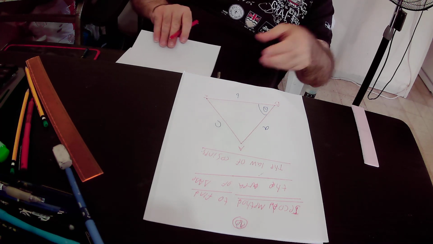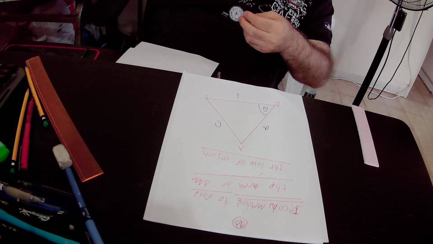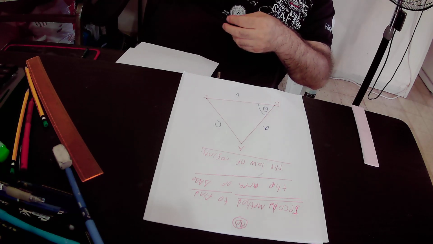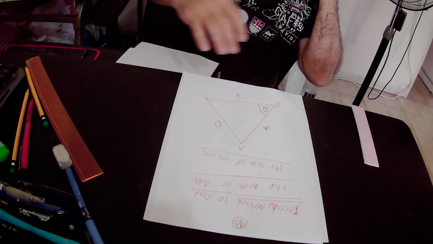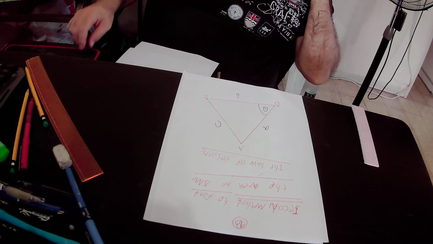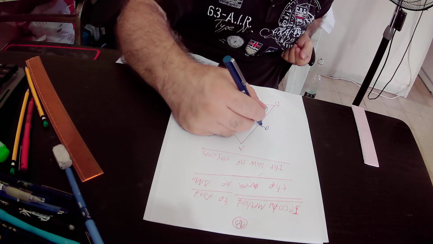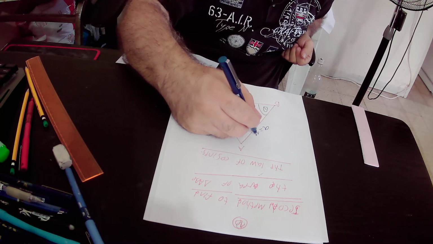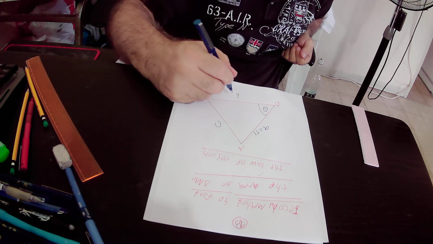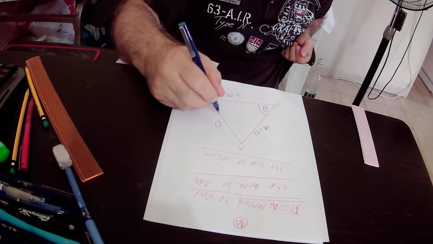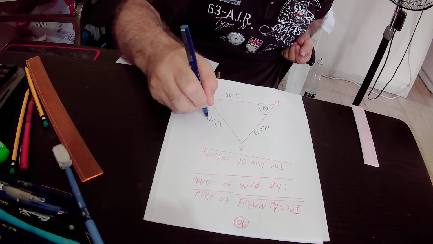So we actually can implement the law of cosines in our triangle ABC because we know that a equals 13 units, b equals 15 units, and c equals 14 units.